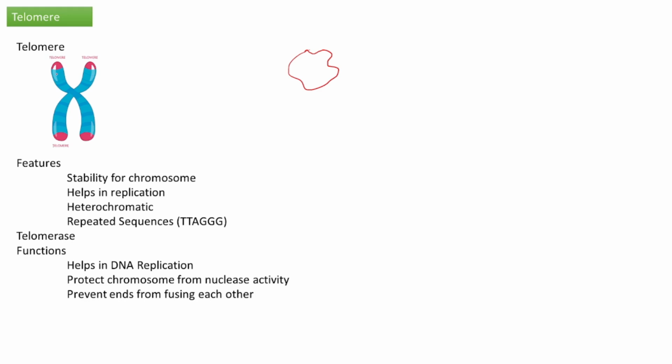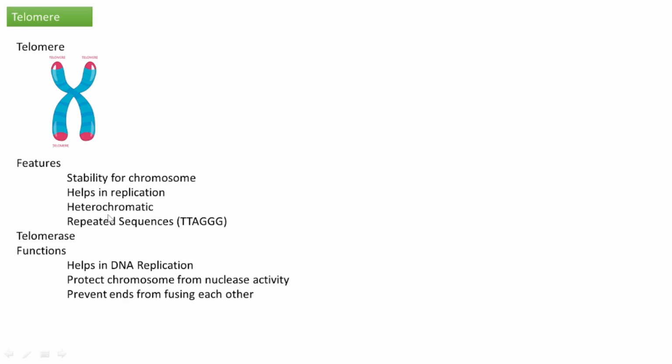Okay, that is telomere. Next, what are its features? It gives stability for the chromosome. In what way it gives stability, I will explain later. And also it helps in replication. Telomere helps the DNA replication very much. That also I will explain. These telomeric sequences are highly heterochromatic.